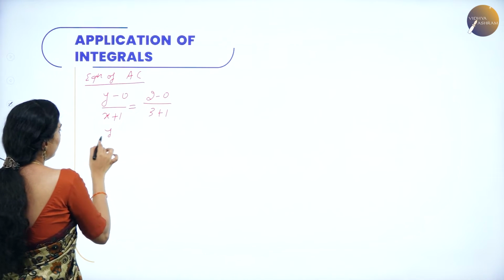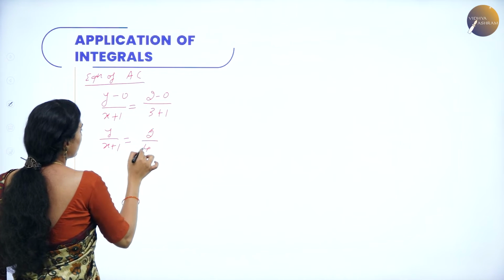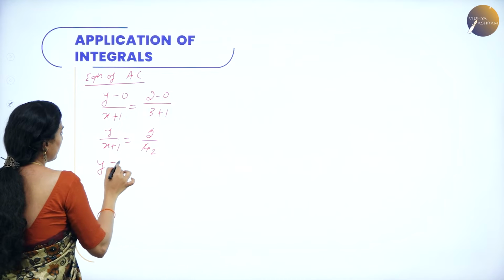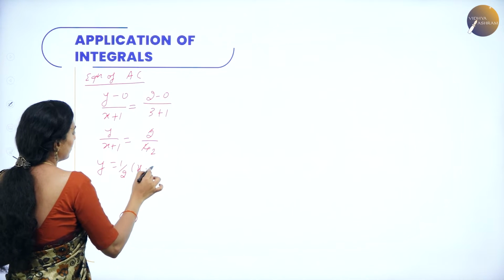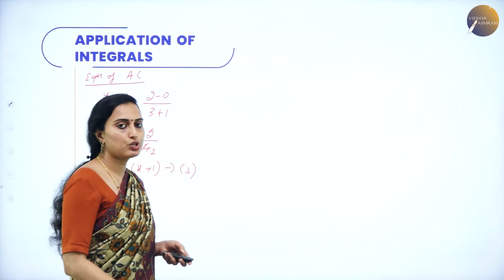We can solve further. Y divided by x plus 1 is equal to 2 divided by 4, which is 1 by 2. So y is equal to 1 by 2 into x plus 1. So let me call this equation 3, which is the equation of AC.